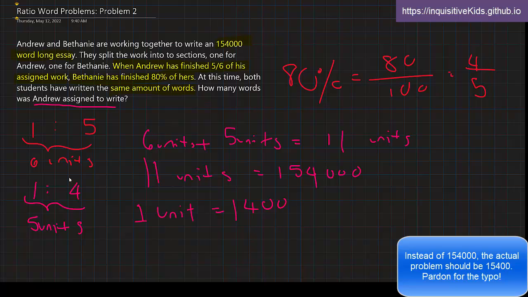And Andrew was assigned 6 units in total. So 6 times 1,400 gives us 8,400. So how many words was Andrew assigned to write?